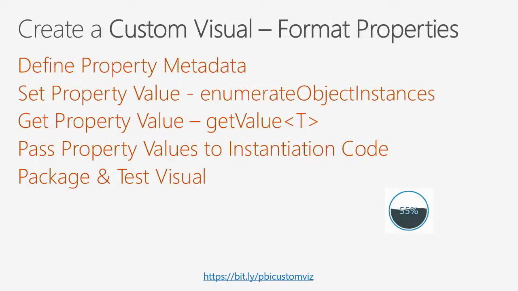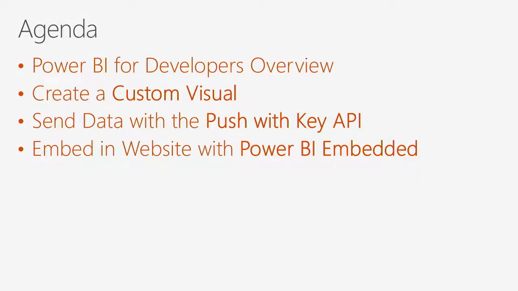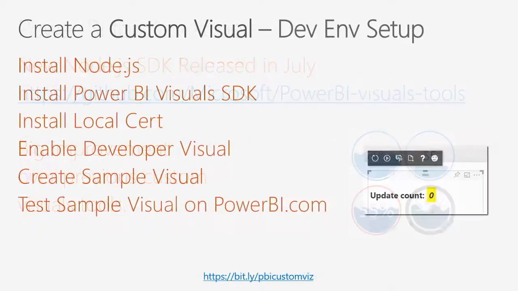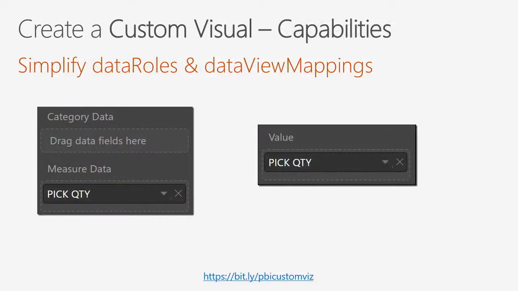And how we're going to do that is, let's see. I think the left button goes all the way back to the beginning. Reference our code. Okay. So what we're going to do is look at how to just simplify the settings.